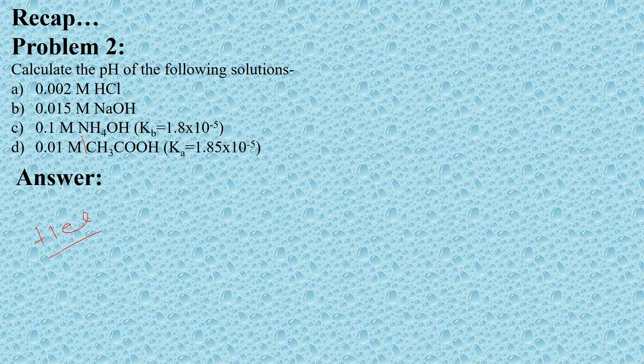It is a strong acid, so it dissociates 100%. We know the formula, pH is equal to minus log H plus concentration. H plus concentration is given, so it's very easy to get the result.